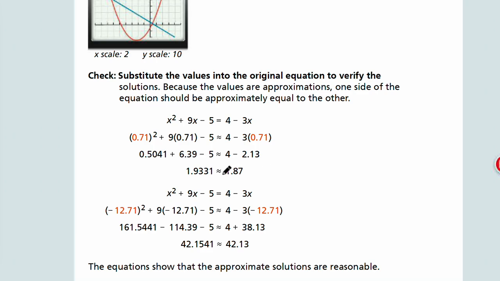If it's more than 0.5 away from each other, then I would say that's too much. For negative 12.71 as well, if you plug it in and check your solutions, it's pretty close enough. So the equations show that the approximate solutions are reasonable.